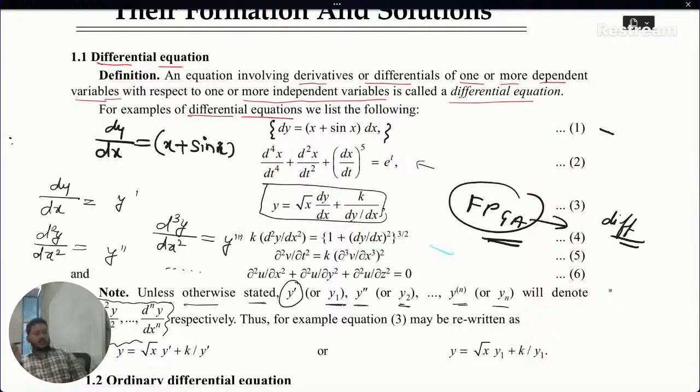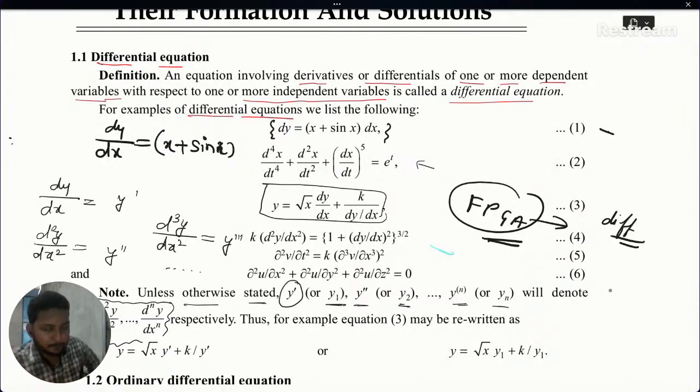These equations help us understand how things change and predict what will happen next. These are the basic uses of differential equations, so you may understand it.